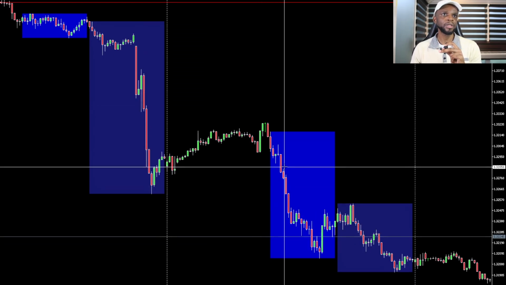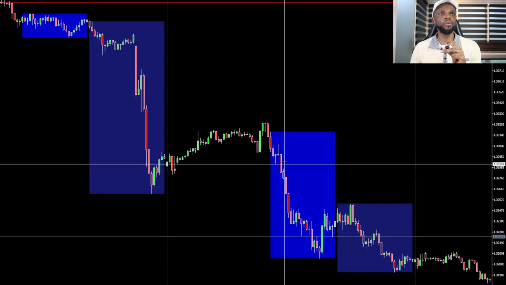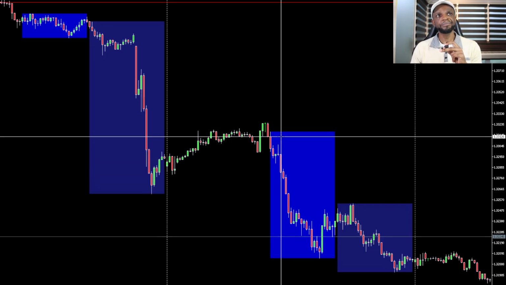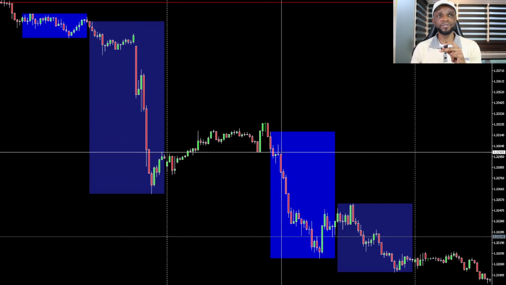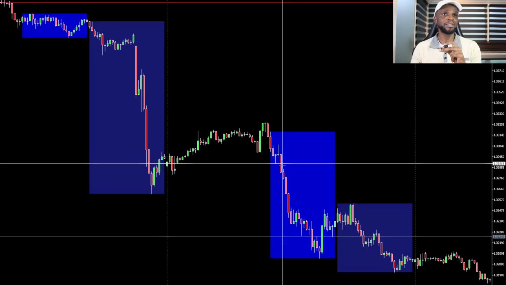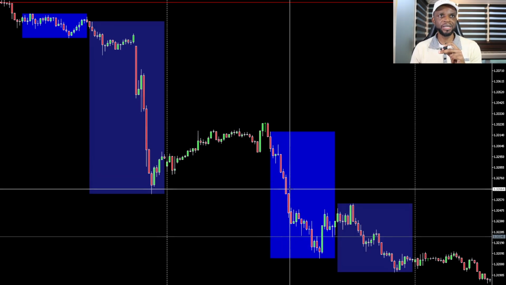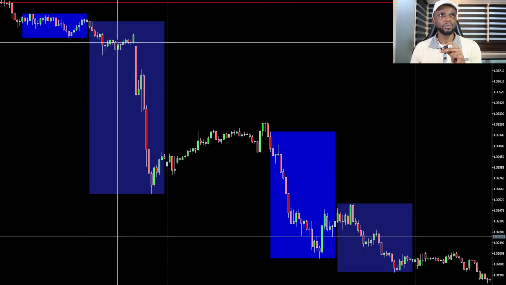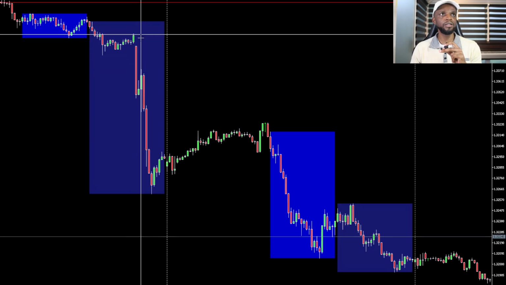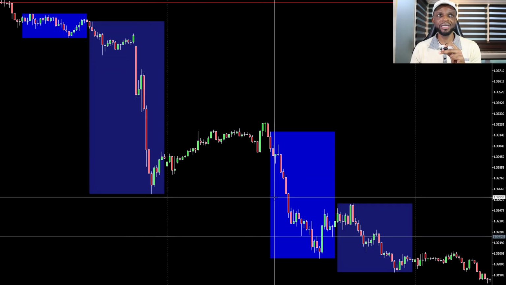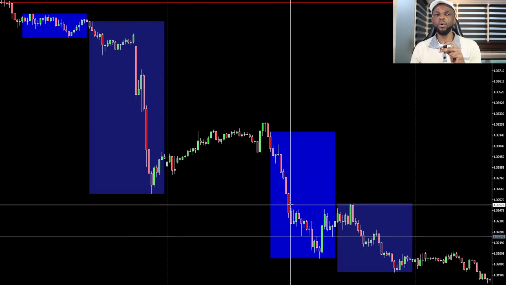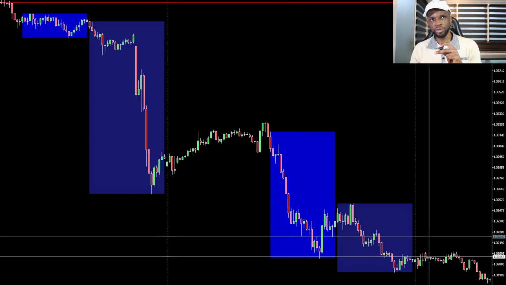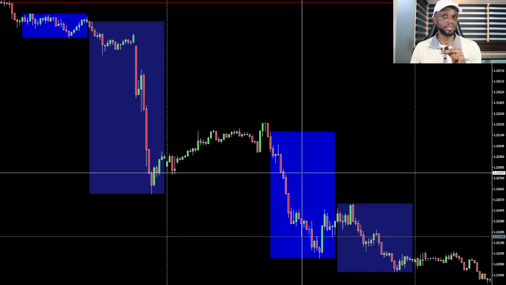For example, this is the 15-minute time frame. What happens when a 15-minute bar breaks the New York session low of the previous day and closes below? Does it continue going, or does it reverse?